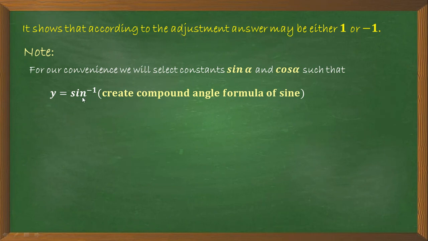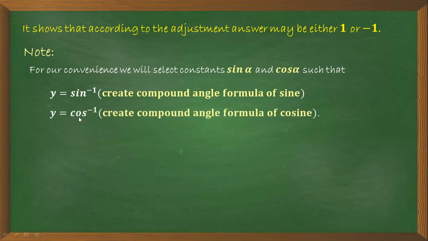So if there is a sin inverse, then try to create the compound angle formula for sin ratio. Similarly, if there is a cos inverse function, then create the compound angle formula of cosine ratio.